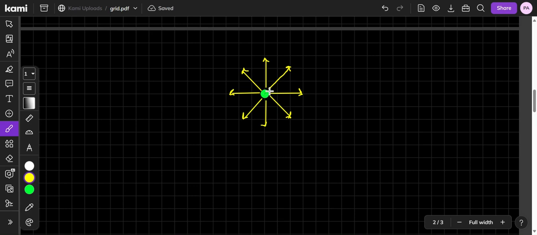Here's the idea for drawing an electric field. These arrows are the direction that the particle would travel if the particle is positive and you were to let it go in the field. So wherever you are in the field, what would be the force on that charge?